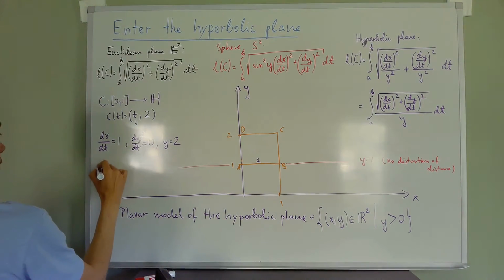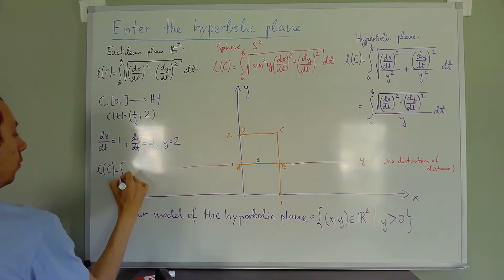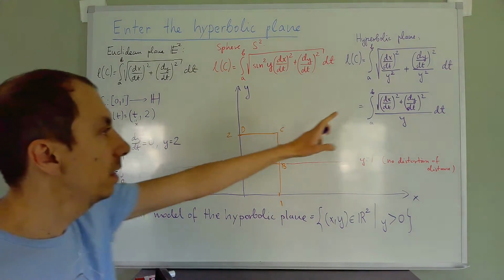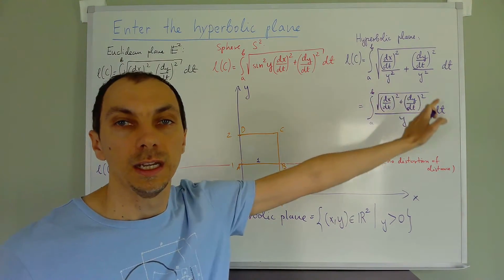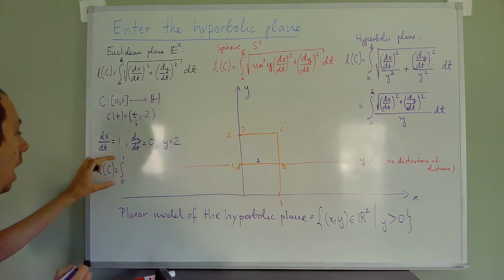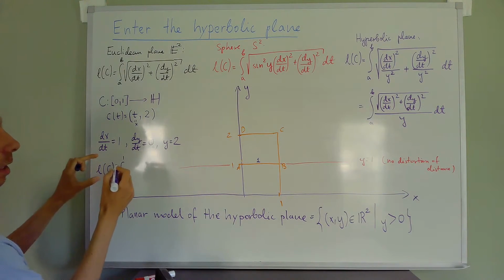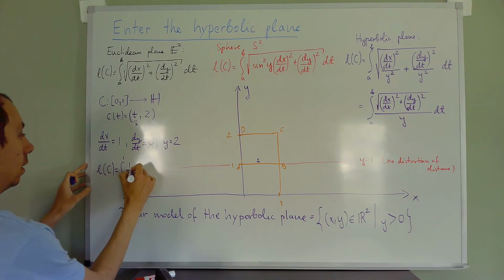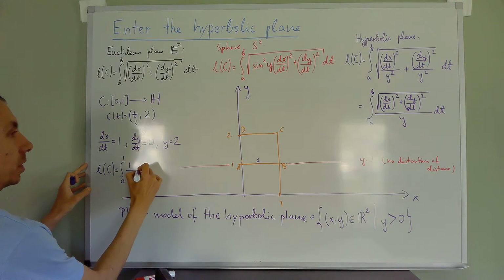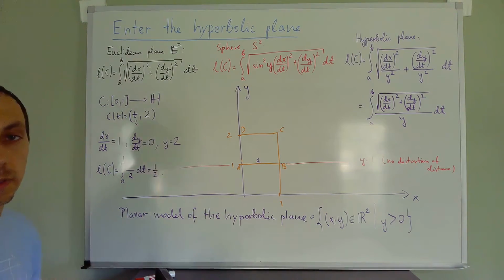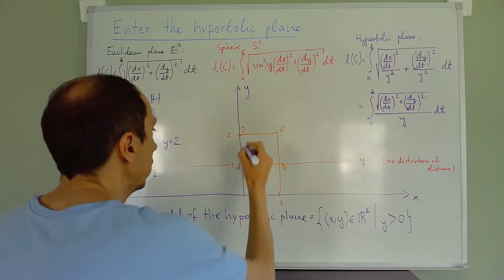So the length of the curve is the integral from 0 to 1. This entire thing is now 1, and the bottom becomes 2. So that's just 1/2. This length is 1/2.